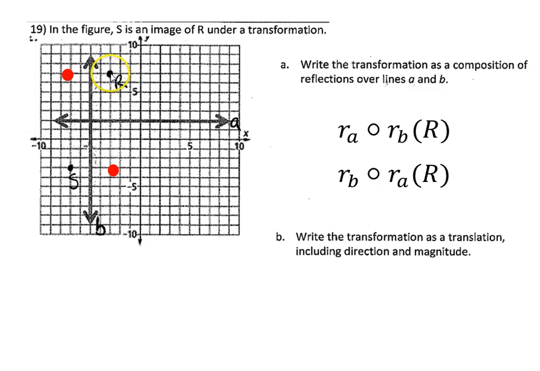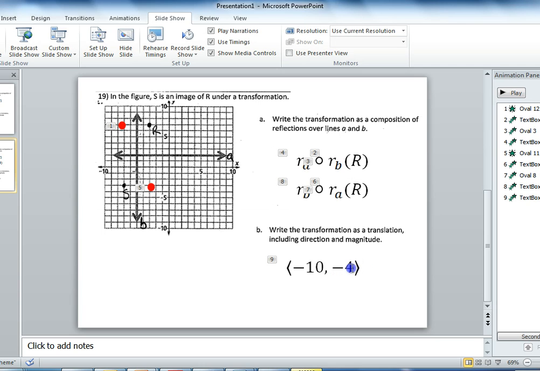Write it as a translation, including direction and magnitude. Well, we started at R, and we first went left 1, 2, 3, 4. So we went left 4, and then we went down 1, 2, 3, 4, 5, 6, 7, 8, 9, 10. So we went left 4, down 10. This notation would be <-4, -10>, if I could write that appropriately.